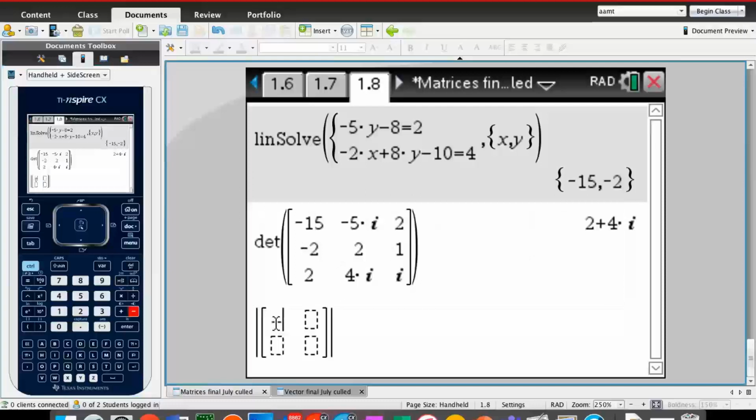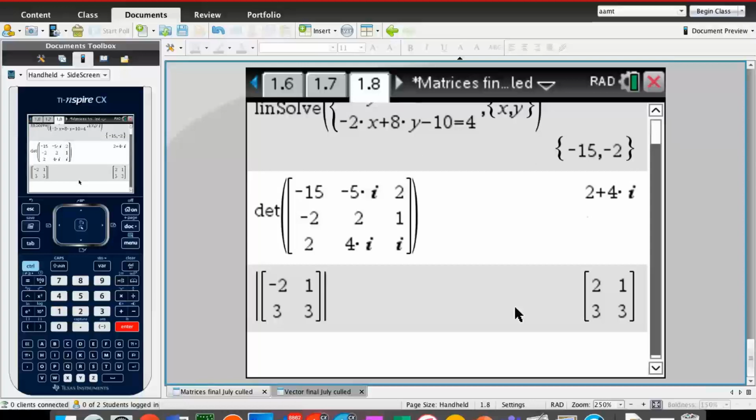So if we put in negative 2, it'll just take the absolute value of negative 2. It won't actually do anything. So you need to type in det for determinant. Don't forget to use an open bracket.